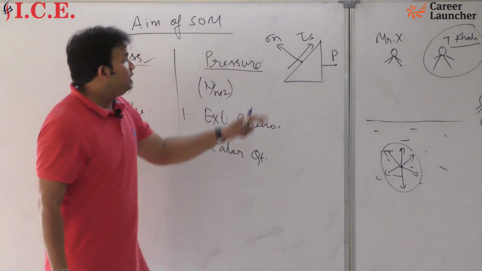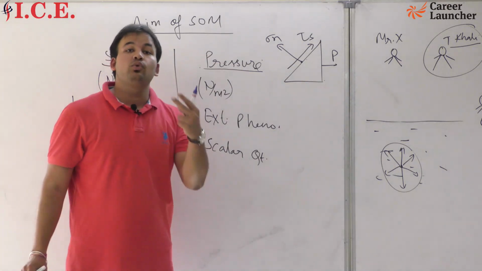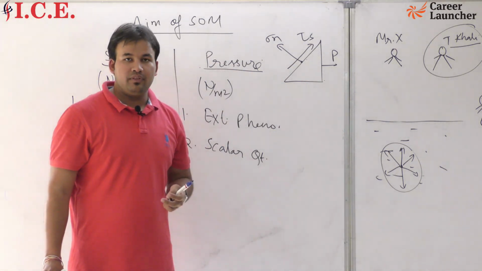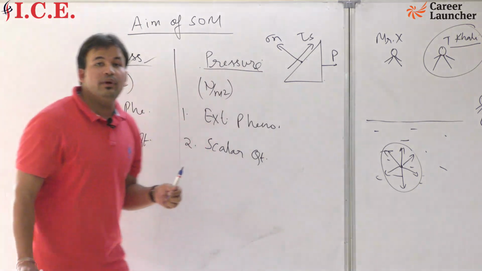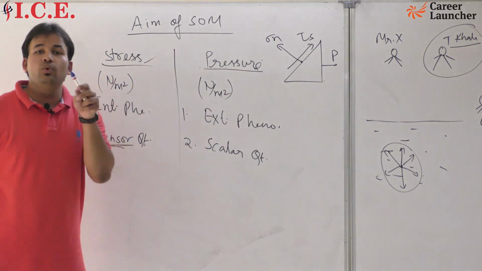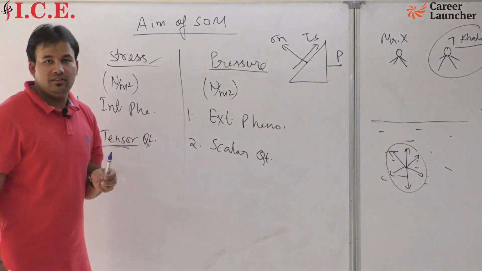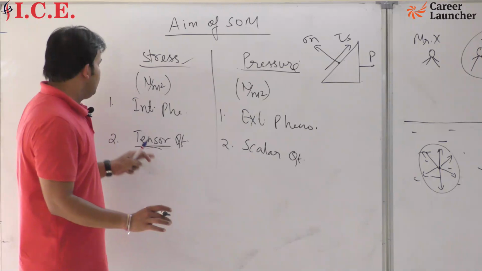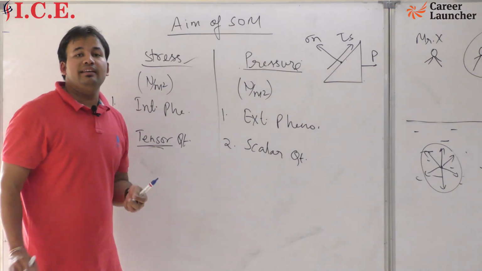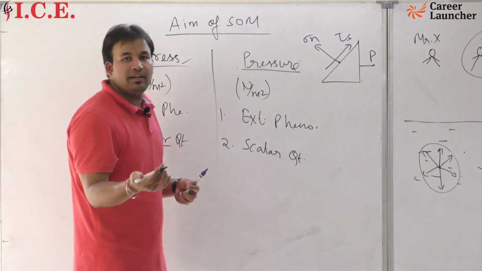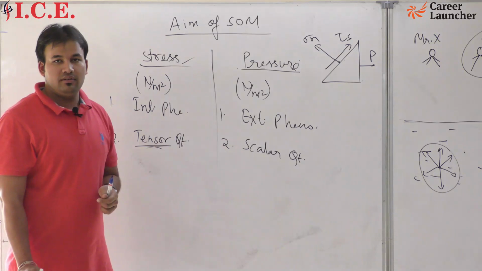It means for stress at a particular point you will have two values in two different directions. Are you getting me? If you have two magnitudes and two directions at a particular point, that quantity is known as a tensor quantity. It means a tensor quantity is an extended form of a vector quantity which requires more than one direction.